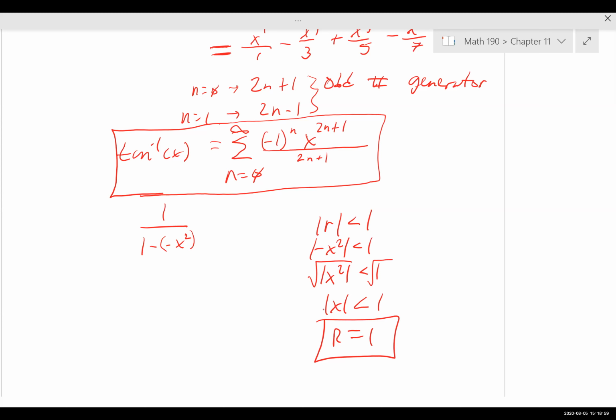Next. Oh, question? There's a question on the field. So on the test, we will have this type of questions. Sure. Yes. The exact type of question, you're going to need to know how to generate a power series using integration and differentiation.